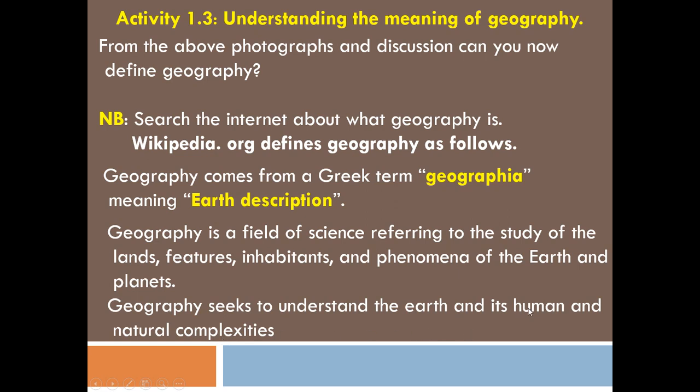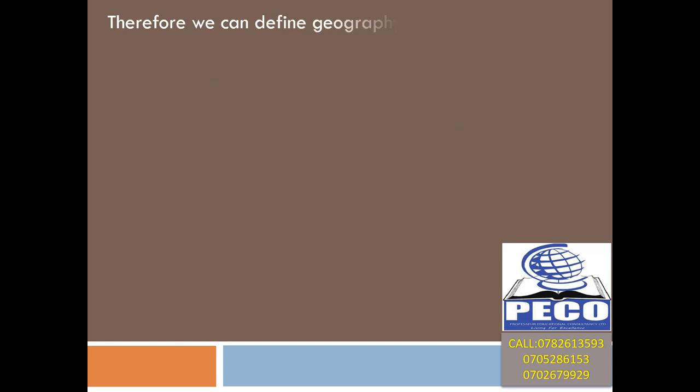We've already identified which human things we find in our environment, which natural things we find in our environment. So as we understand these things, which we are calling human and natural complexities, then we shall be understanding the meaning of geography.